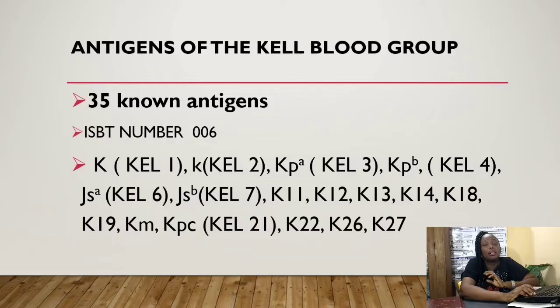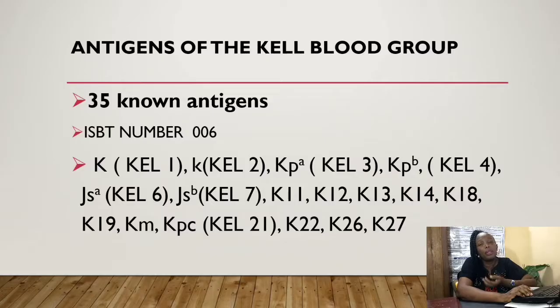Some of these antigens are named K1, K2, K3, and so on up to K35. But they also have alternate names: K1 is designated as big K, while K2 is small k. Then you have KPA, called K3, and KPB, called K4, and then JSA, K6, JSB, K7, and all the rest as shown on the slide.